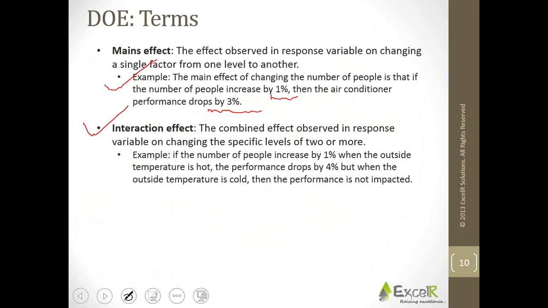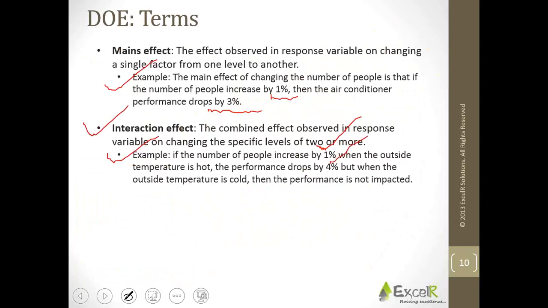What is the interaction effect? The combined effect observed in the response variable on changing the specific levels of 2 or more factors. Example: if the number of people increase by 1% when the outside temperature is hot, the performance drops by 4%.